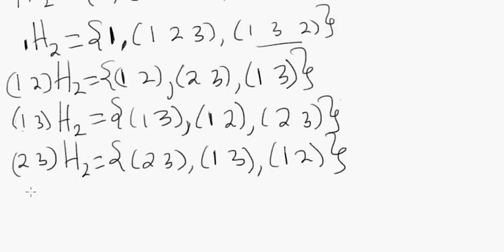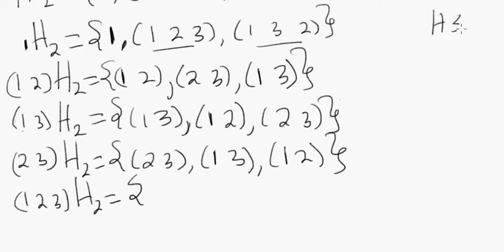We have the element (1 2 3) multiplied by H2. Well, notice something. (1 2 3) is an element of H2, right? From our study before, we said that if we pick some element of the group that's also in the subgroup, like, remember we said before, if we had H a subgroup of G, and we pick some little h element of H, then the coset hH must equal H, right?